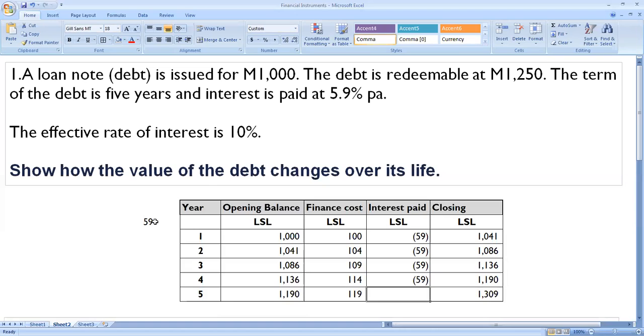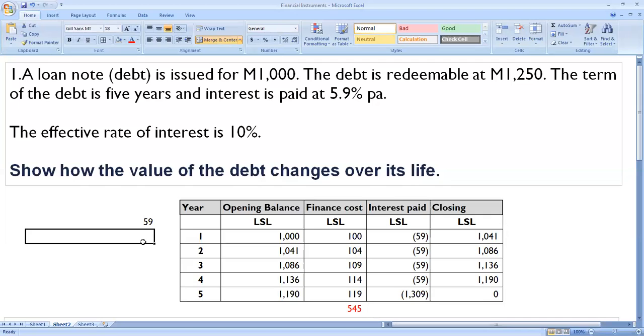And now here, in the final year, we are going to redeem it at 1,250, plus the 59 for this year. So at the end, our debt is cleared. We don't have anything. Now let's see our effective interest. It adds up to 545.